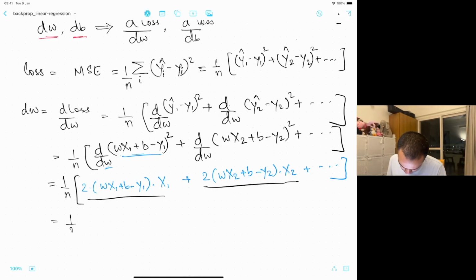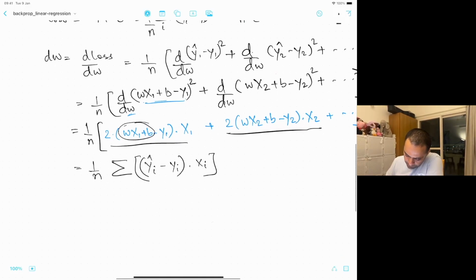So this would become 1 over n, sum of y hat i minus y i into x i. And 2 should be taken out, so this should become 2 over n.